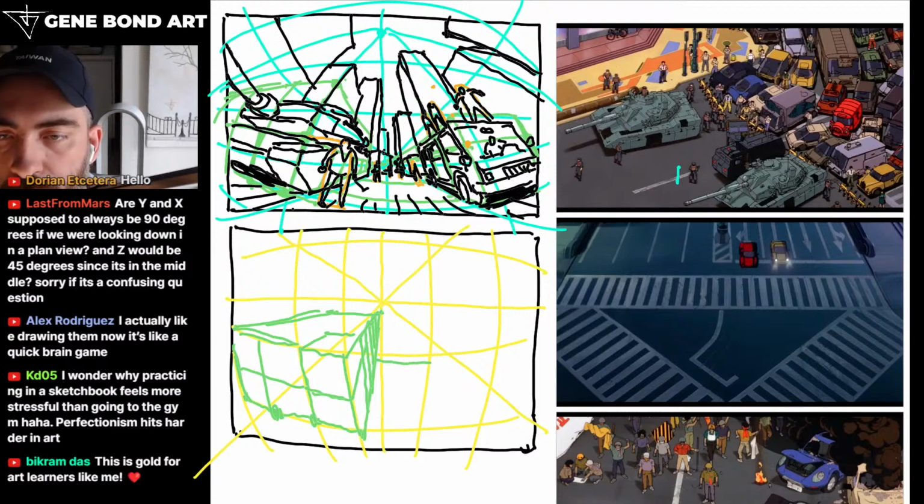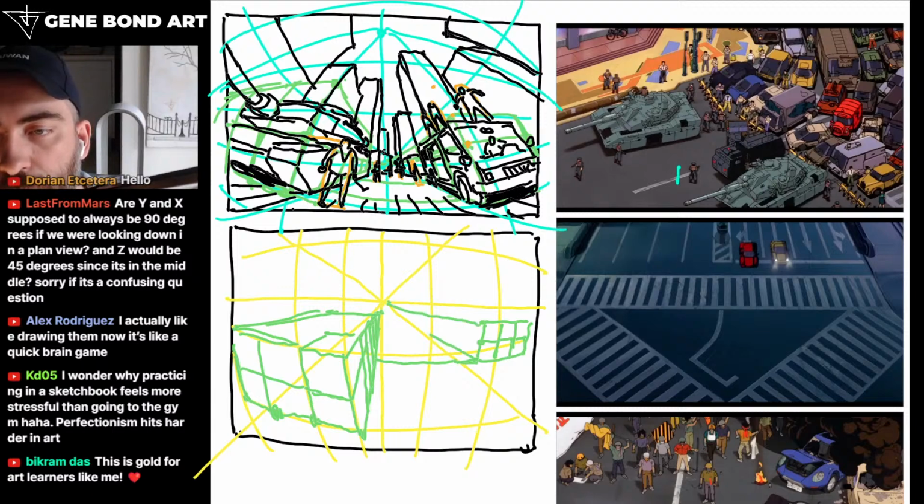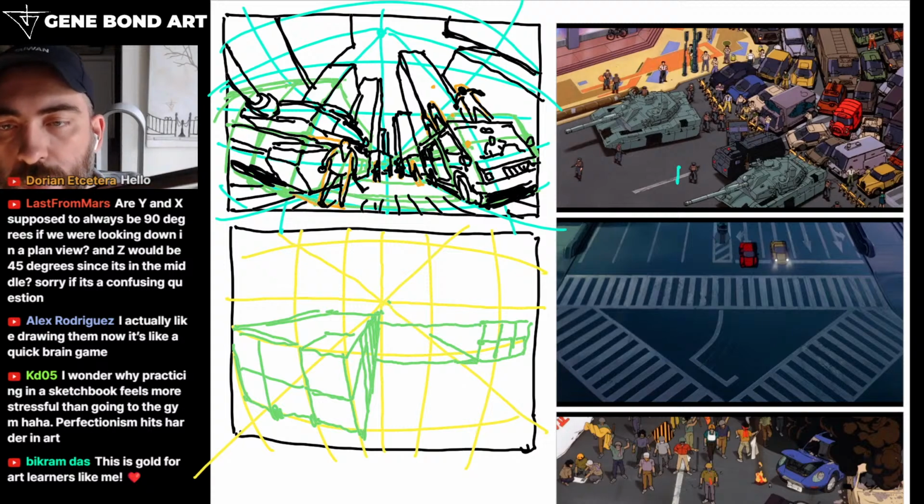So I can transfer like this. So it's 2, 1, 2, 3. Wait. So we have 1, 2, 3, 4, 5, 6, 7. Kind of 7 here.